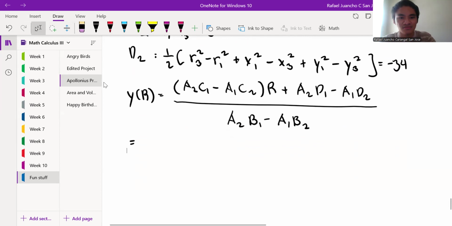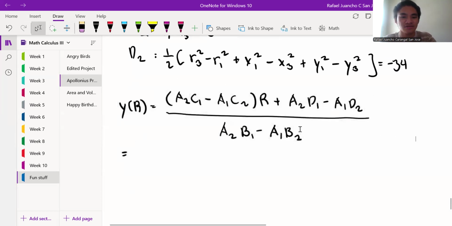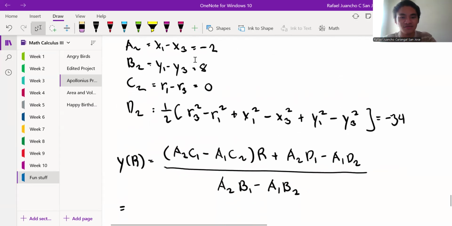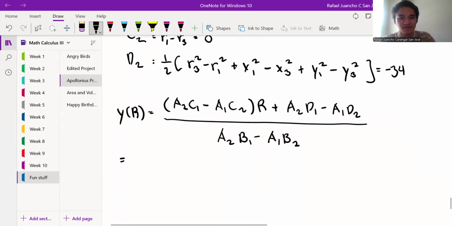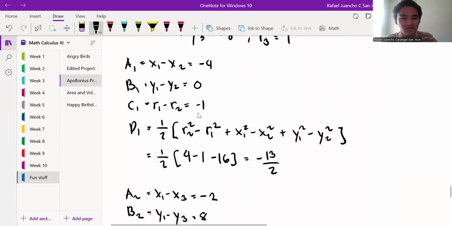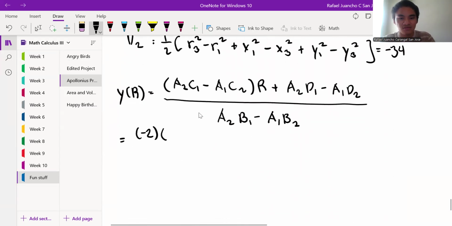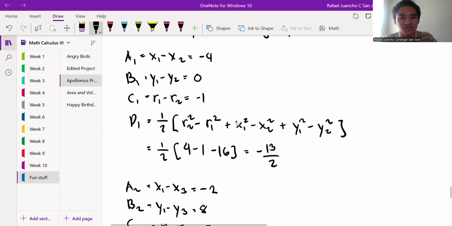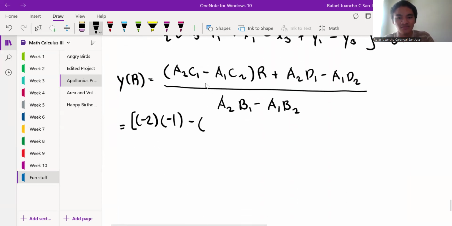Okay, and then from there I actually get, oh God, let me see. I'll put this down maybe. Okay, I'm putting it down. So A2 is -2. I'm just gonna plug it in. C1 is -1. So here I'm just reading off of this whole thing. A1 is -4.